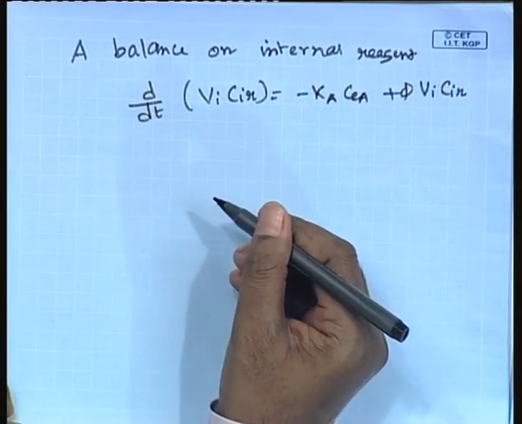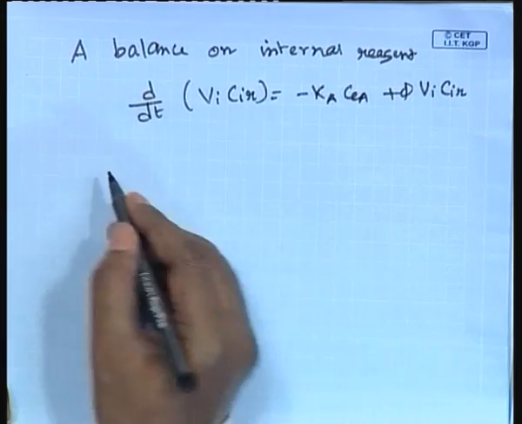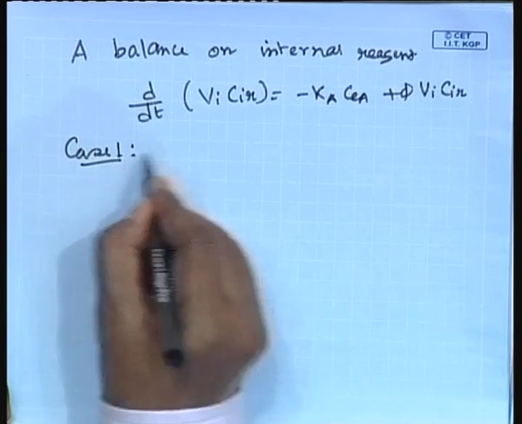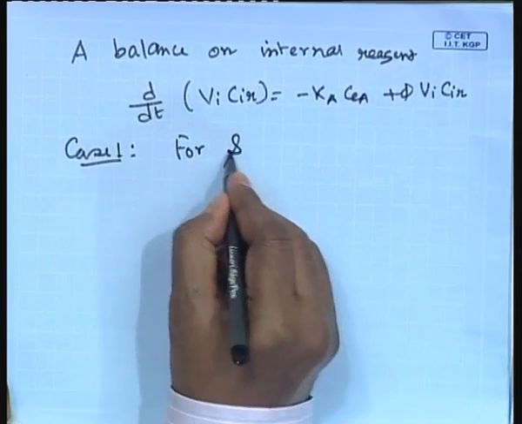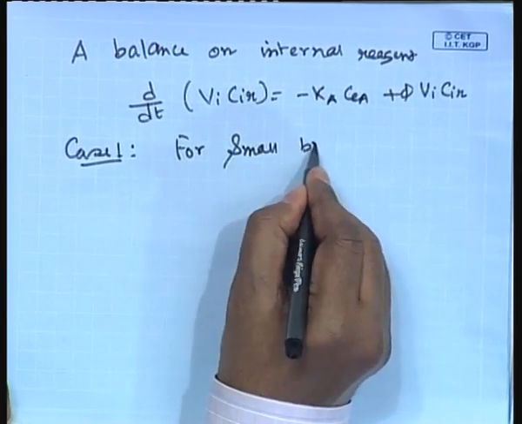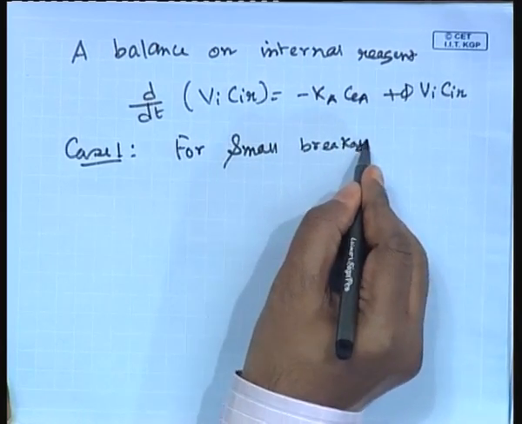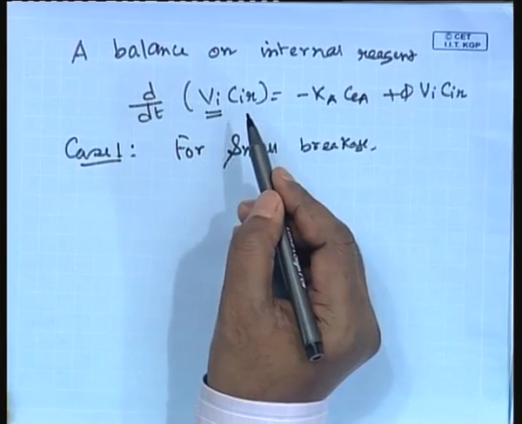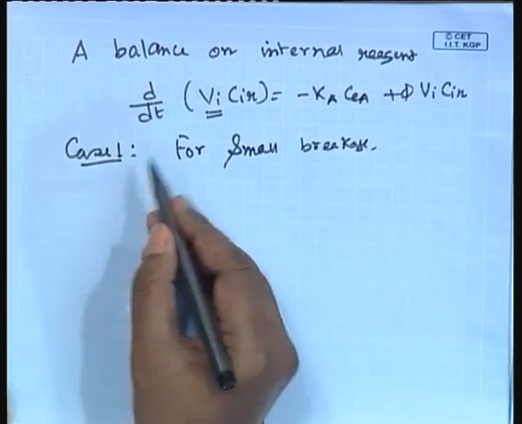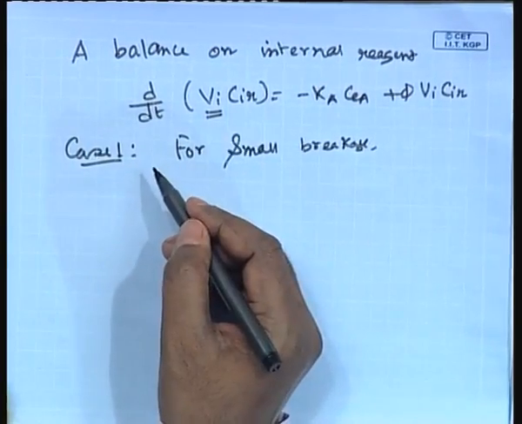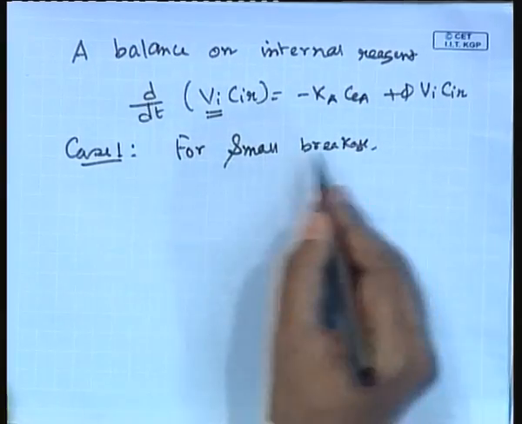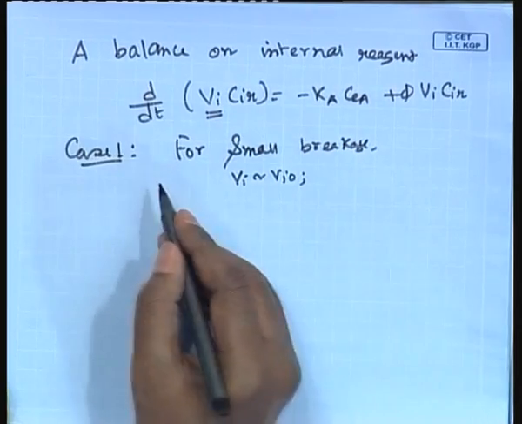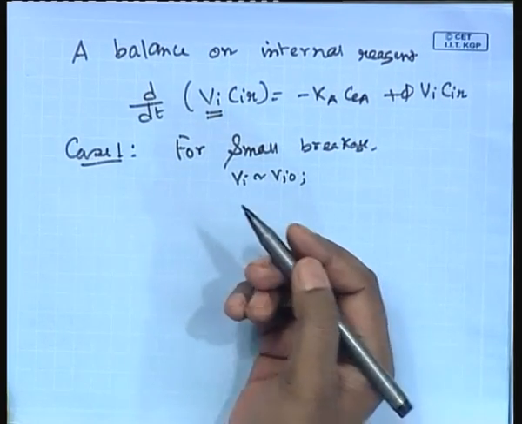Okay. Now, again we will be considering two cases, small breakage and large breakage. For small breakage, we can consider V_I independent of time. Okay. And it is equal to V_I0, as we have done earlier. V_I will be roughly equal to V_I0, and similarly V_E will be equal to V_E0.